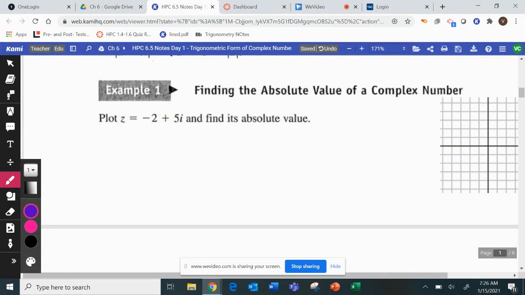So find the absolute value of a complex number. We've got, and we're going to plot it, z equals -2 plus 5i. So I'm going to plot -2 and then 5 for the imaginary axis.